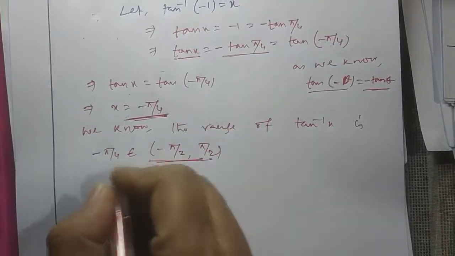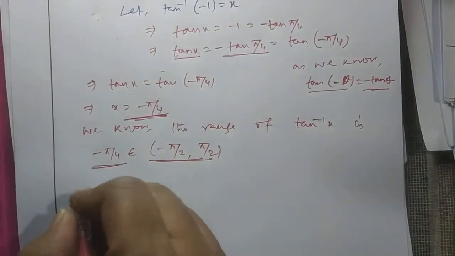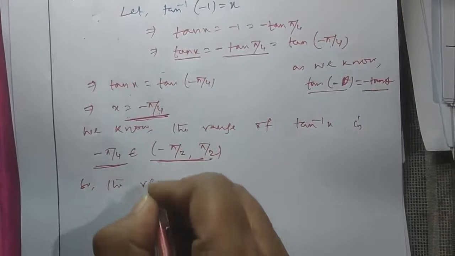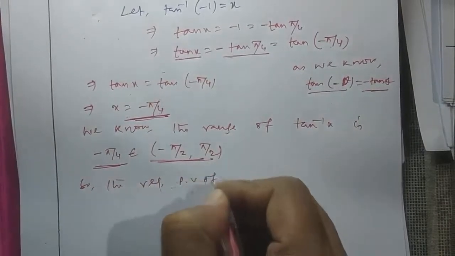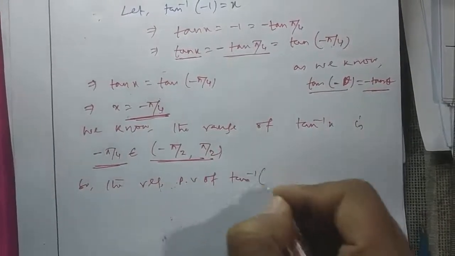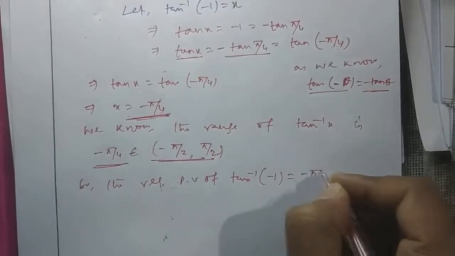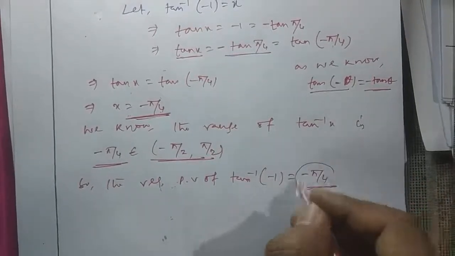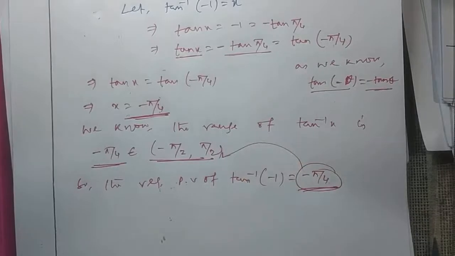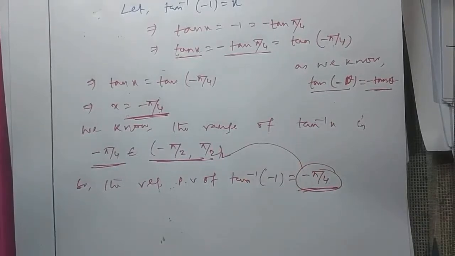So we can say it is the required PV. So the required PV of tan inverse minus 1 is minus π/4. Understood? Because it is lying in the range of tan inverse x. That's why it is the required PV.